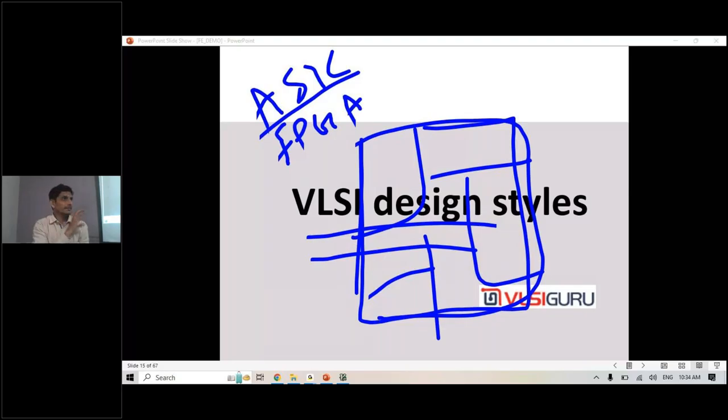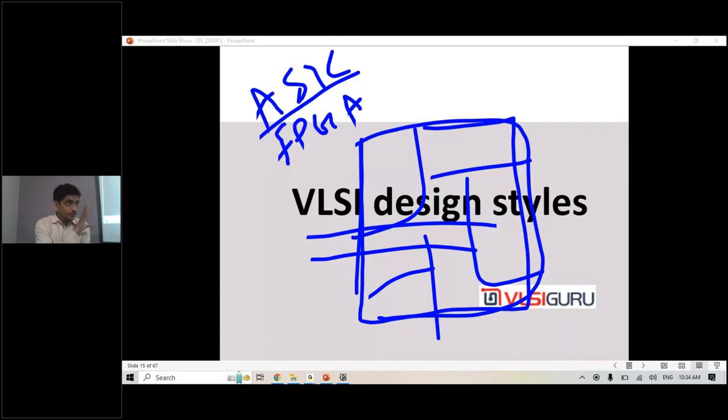I'm not saying they are exactly the same, because can I compare a chip with a house exactly? They are two different things. We are just taking an analogy because you can easily understand house construction. If I tell you you're developing everything from scratch, your mind can easily frame that.